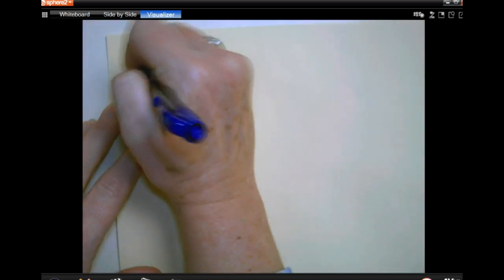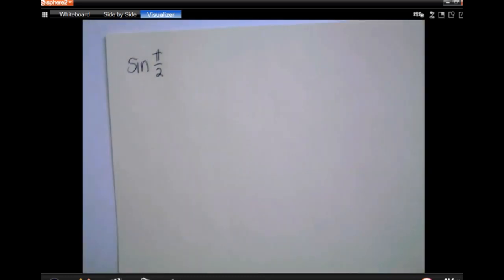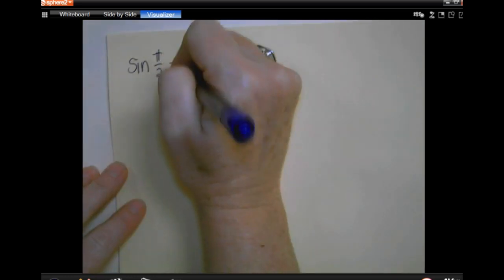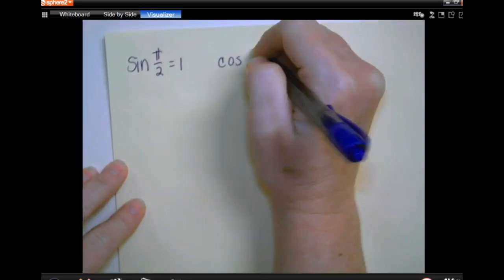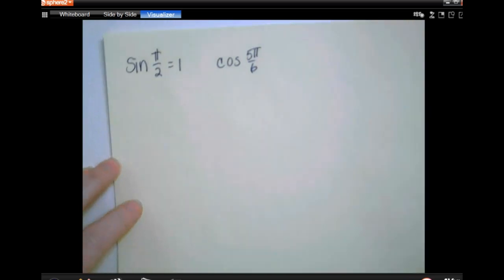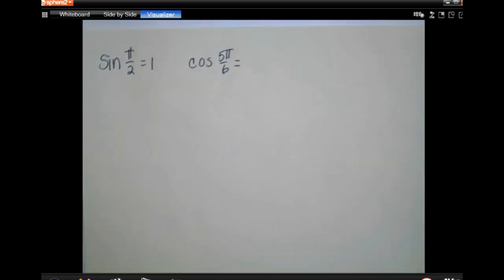So if I ask you the sine at pi over 2, the sine is the y value, 1. So this is 1, right? If I ask you for the cosine of 5 pi over 6, it's right before you get to pi, correct?